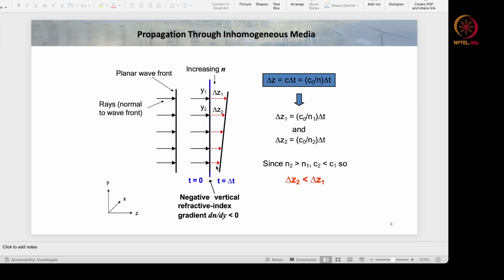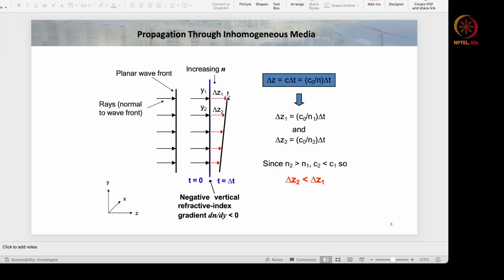That is what it means. So n2 is greater than n1, and therefore c1 must be greater than c2. So the light travels faster in a lighter medium, or in a medium which has lower density.